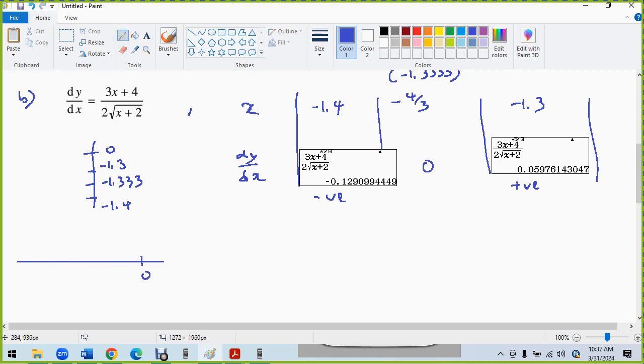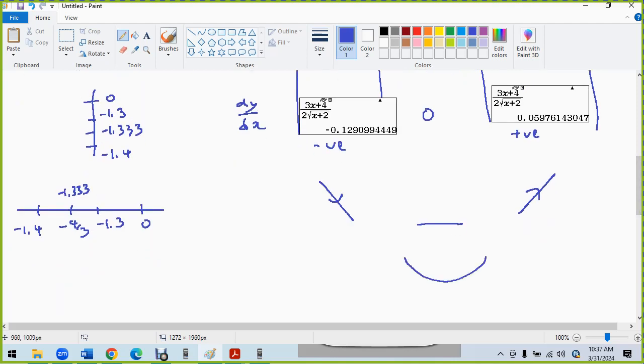Okay, so the number line here is something like this. So we have the 0, then negative 4 over 3, that is negative 1.33333. So we have negative 1.3 and negative 1.4. When we have a gradient negative, that means it is going downward. 0, straight line. Positive, upward. So combined, the shape will become this.